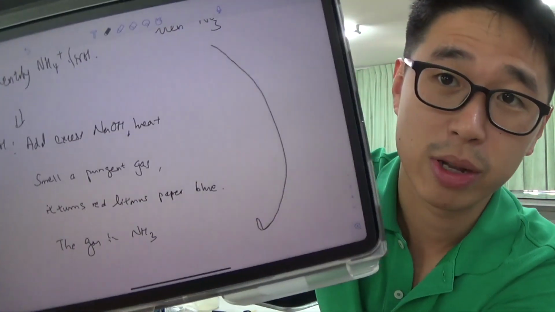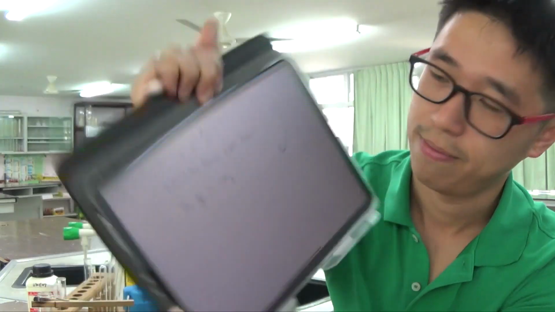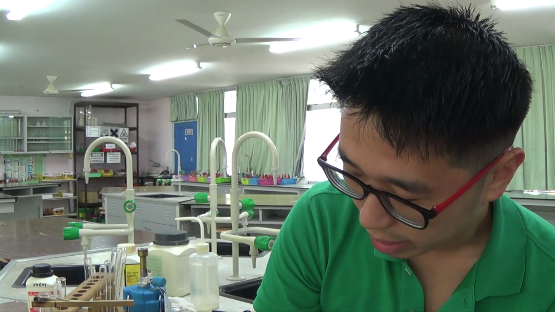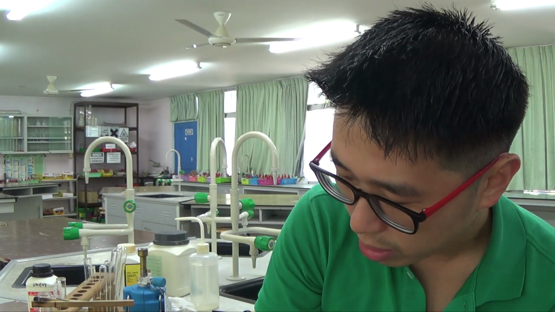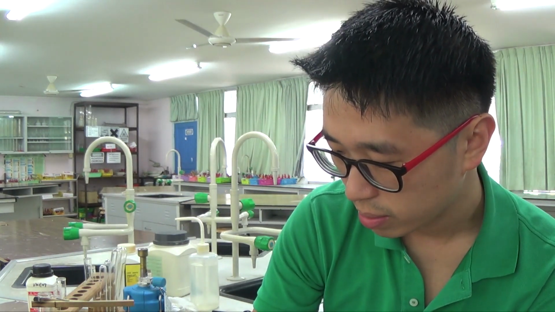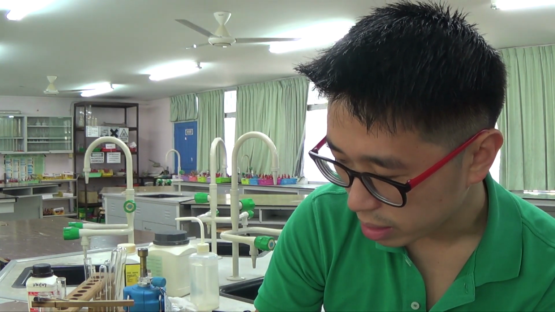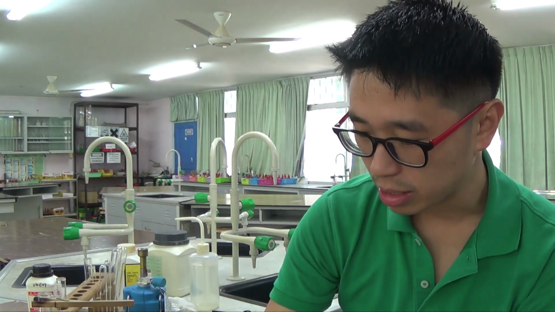After I fully test for the ammonium ion, I will test for the nitrate ion. Second test, add some aluminium foil. I already have excess sodium hydroxide, then heat it. This was already in excess aqueous sodium hydroxide, and what I get just now was a pungent gas again.